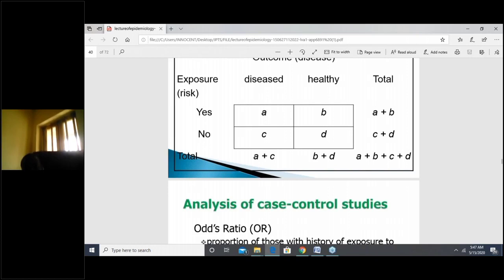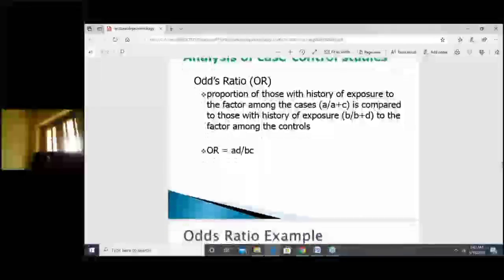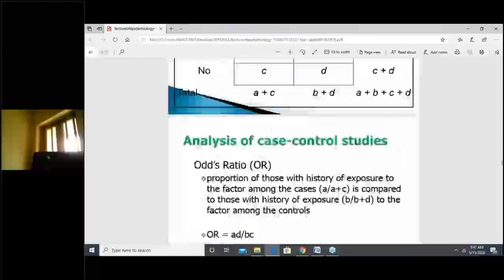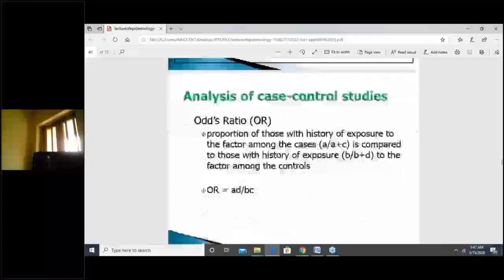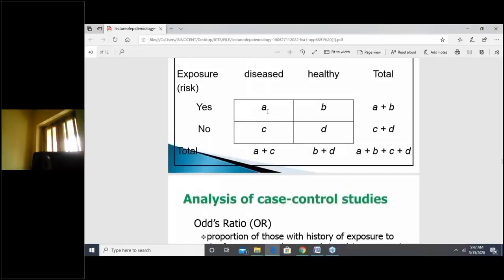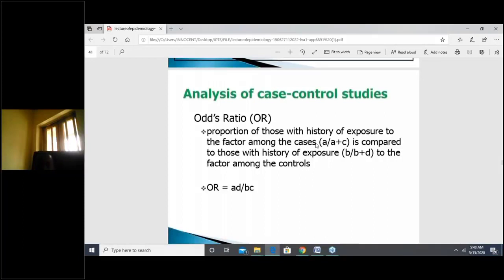So you calculate these two, and that will give you OR equals AD over BC. That is the OR, which is what? Odds ratio.